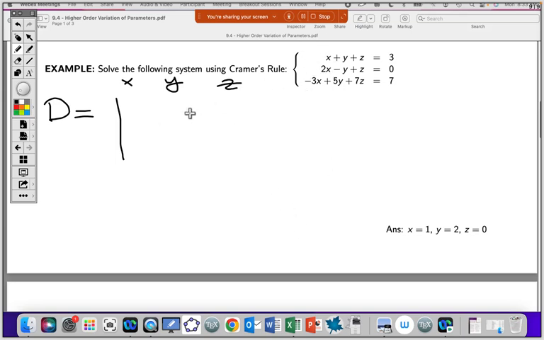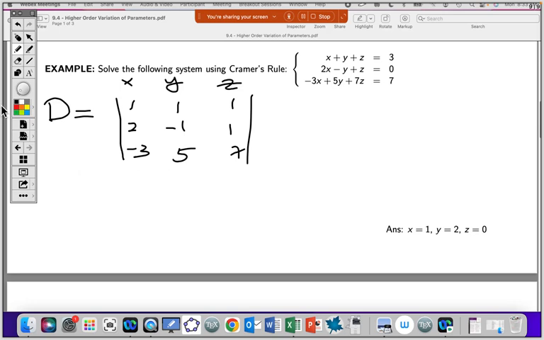Yeah, so as you go down, it would be 1, 2, negative 3. And then for the Y's, it's 1, negative 1, 5. And then for Z, it's 1, 1, 7. All right, and there you go. So Zoran put them as rows there in the chat. You can see that.